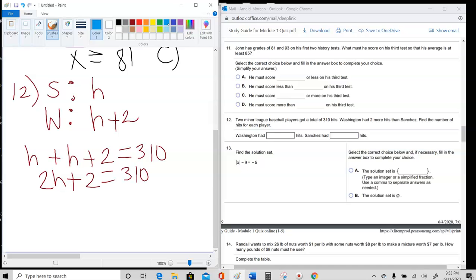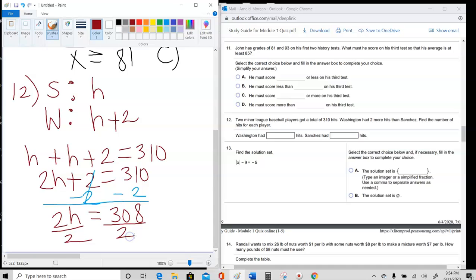Next step, subtract 2 from both sides. And we get 2h equal to 308. And last step, divide both sides by 2. So H is equal to 154.